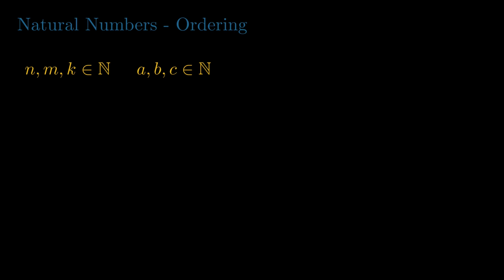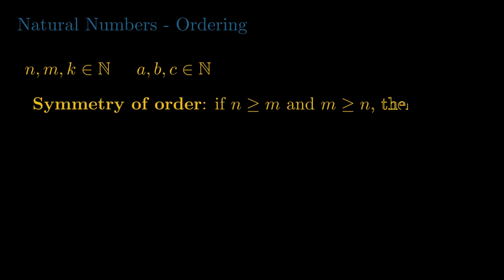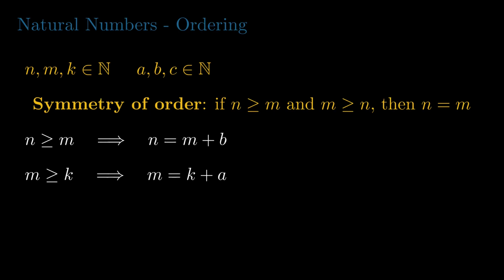Now, a second property to prove, known as symmetry of order, is the following. If n is greater than or equal to m and m is greater than or equal to n, then n is equal to m. The two starting inequalities tell us that n is equal to m plus b and m is equal to n plus a.